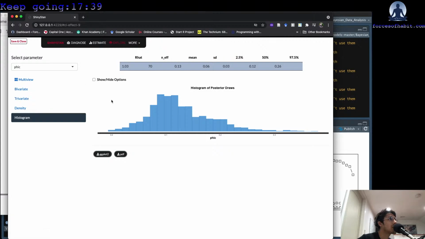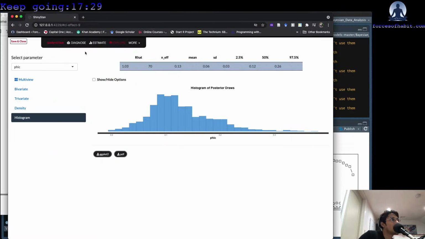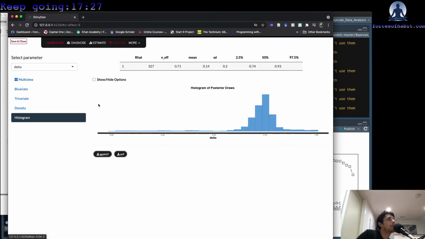Cool. And now the second statistic it wants us to look at is the differences in group mean attention, delta. So delta then represents the differences in group mean attention. So this is someone minus someone.